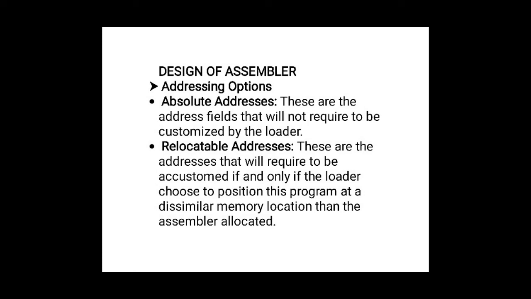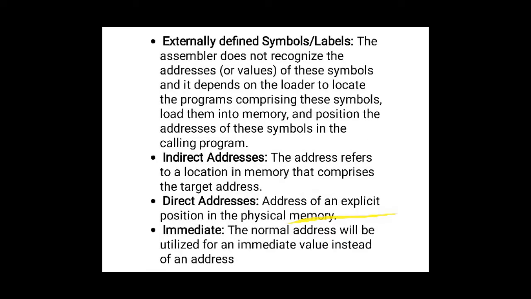The first one is addressing options. Among them, the first one is absolute addresses. These absolute addresses we have learned even from our programming and operating systems. These are address fields that will not require to be customized by the loader, so directly they will be given.